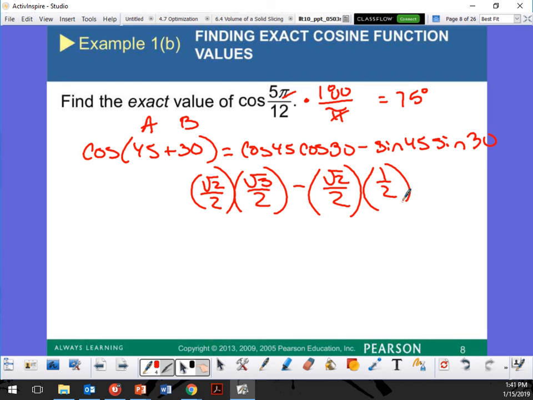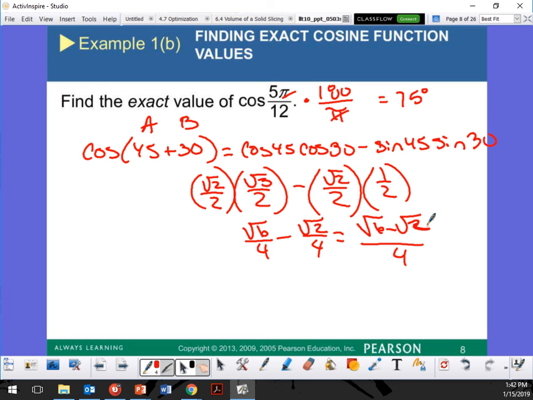Okay, so again, rad 2 times rad 3 is rad 6. Rad 6 over 4 minus rad 2 over 4. So my answer comes out to be rad 6 minus rad 2 all over 4.